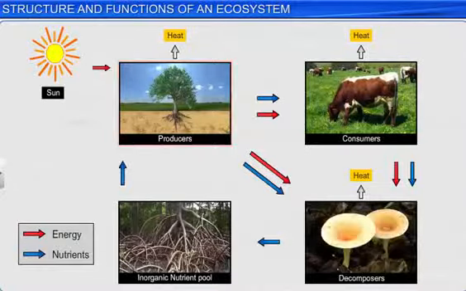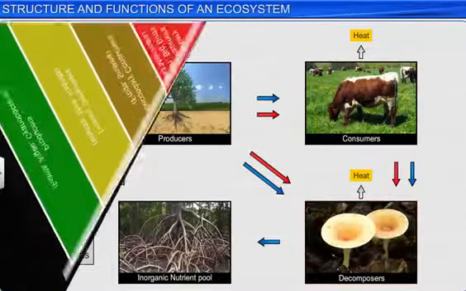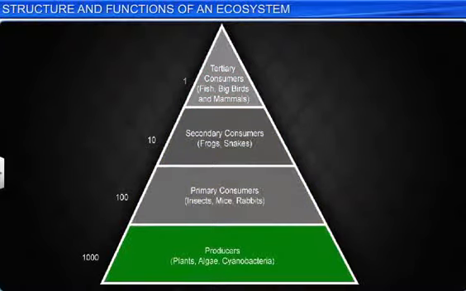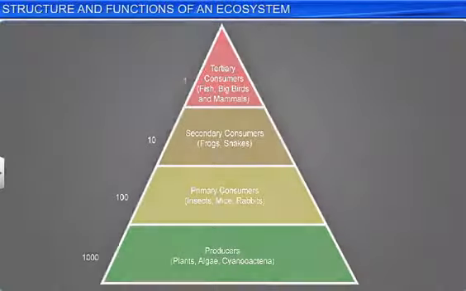This energy is tapped by the producers and is passed to other trophic levels in the ecosystem. Generally, the producers occupy the first trophic level at the base, followed by primary, secondary, and tertiary consumers.